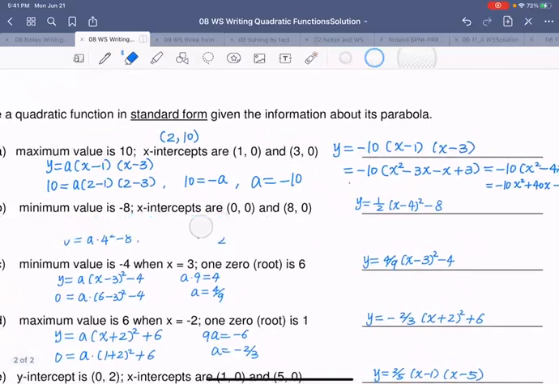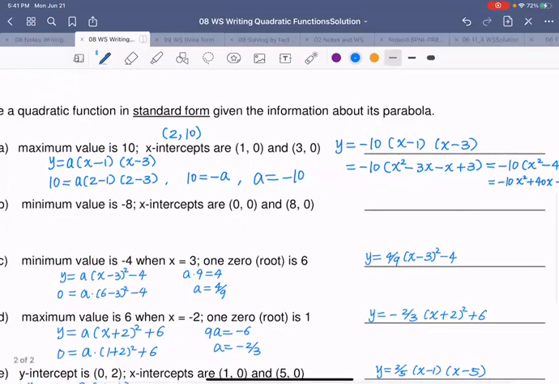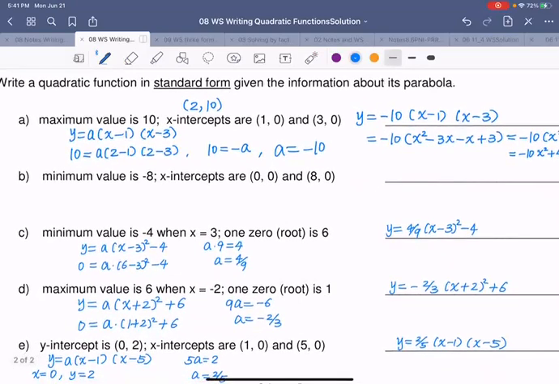Now, Wendy, let's go ahead and do this question. So the equation I would use is the vertex form, which would be y equals a times (x minus x1) times (x minus x2).